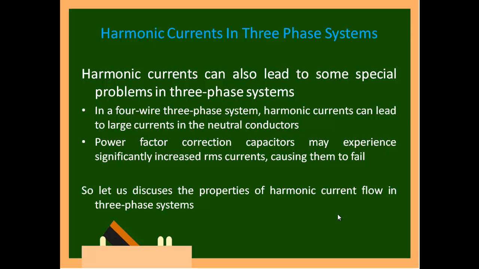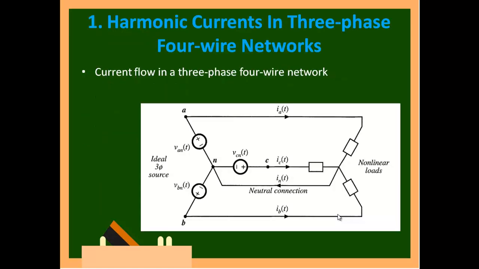So these are the two issues in your three-phase system. Let us discuss the properties of harmonic current flow in a three-phase system. If there are harmonics, these two issues will be there. I repeat, one is current in the neutral, and another is that your power factor correction capacitors may fail.